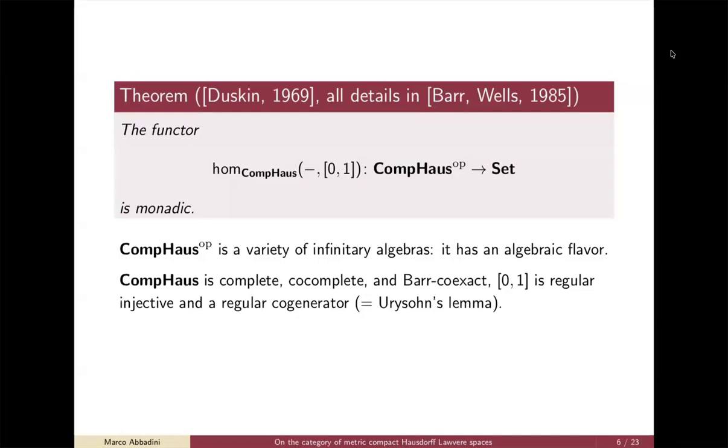Being a regular cogenerator, for example, is not just a nice categorical property, it amounts to Urysohn's lemma, which is one of the main results in topology.